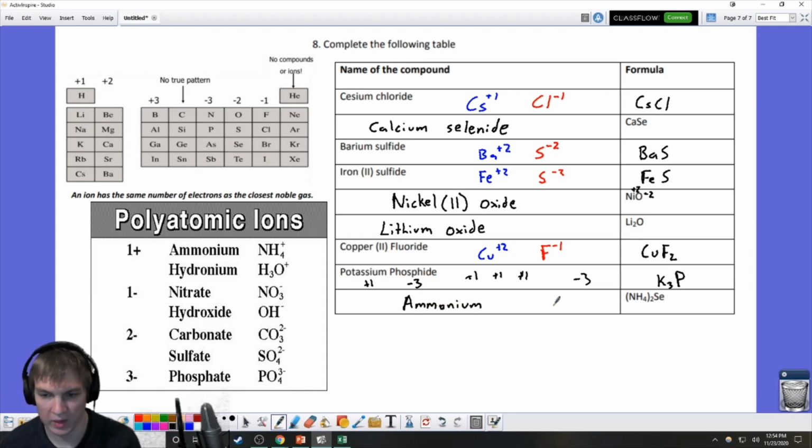But then I'm not going to write selenium because it's not called ammonium selenium. It's called ammonium selenide. So remember that we need to replace the endings so that the endings for the ionic compounds are "ide." All right, so that concludes Notes 1 for Unit 3.